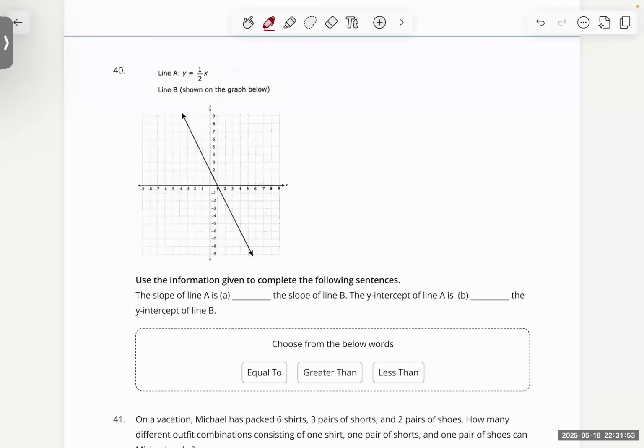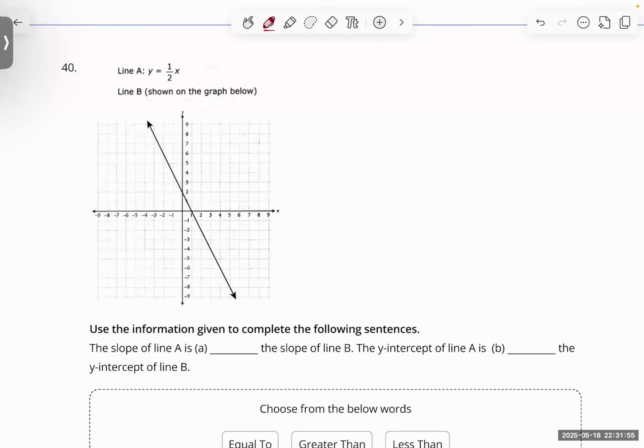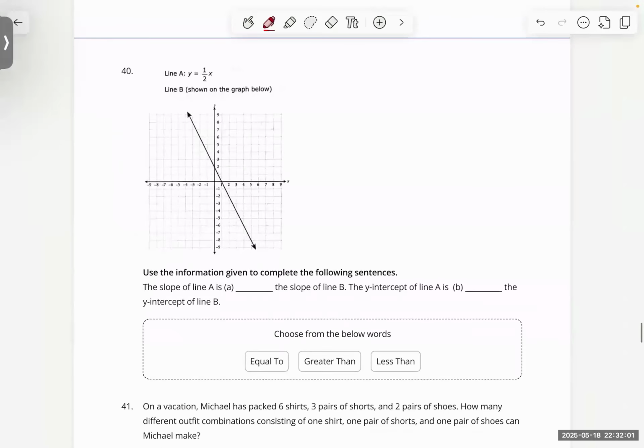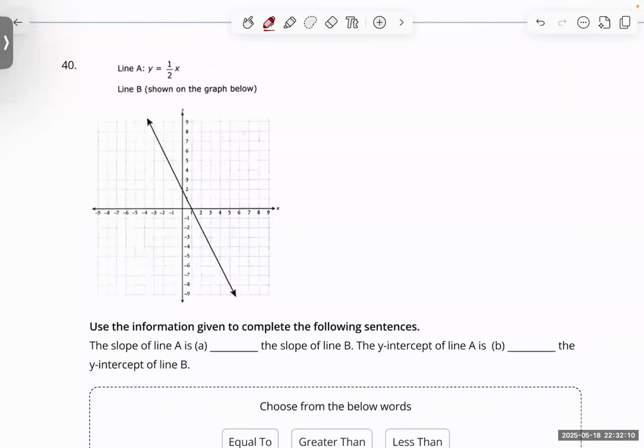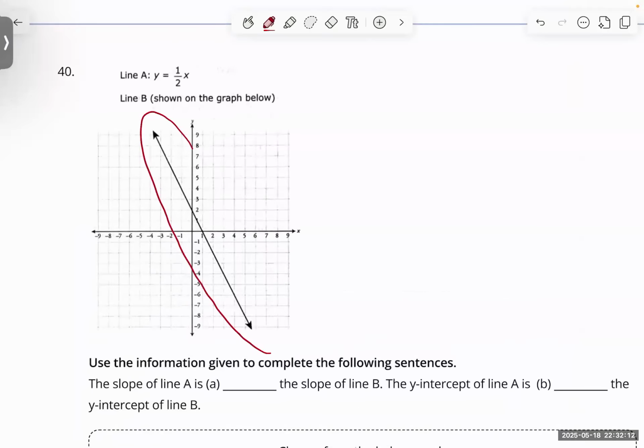All right. So we're given line A is y equals 1/2 x, and then line B shown on the graph below. Use the information to complete the following sentences. The slope of line A is either equal to, greater than, or less than the slope of line B. Well, let's just write an equation for this line.